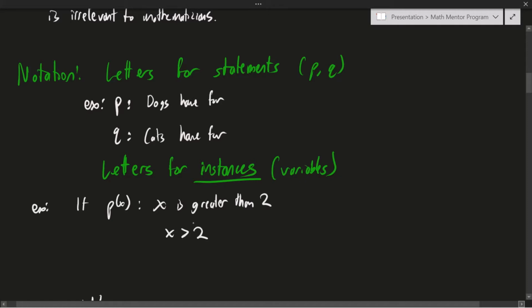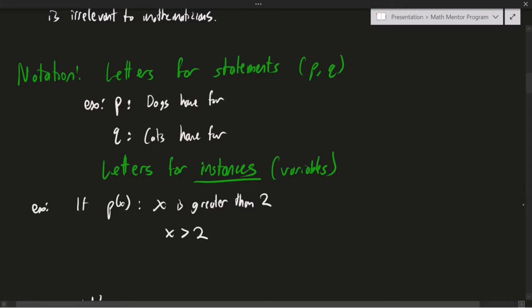On its own this is not a mathematical statement, but once we substitute in a value for x, this is a statement. I've written this to remind you of functions, because this is essentially what it does. It takes in x and tests whether it's greater than 2, and then we determine whether this is a mathematical statement or not.